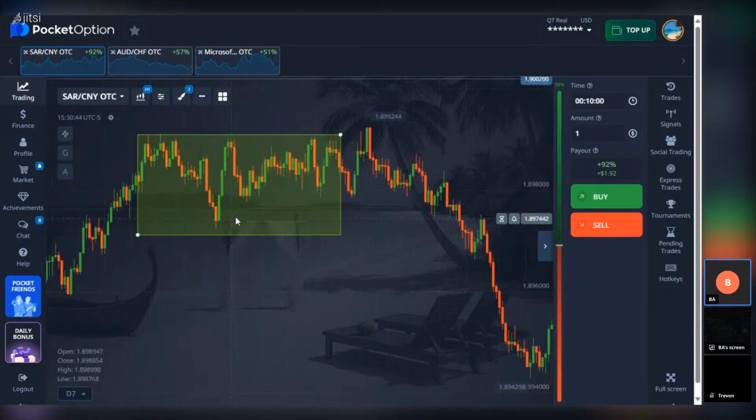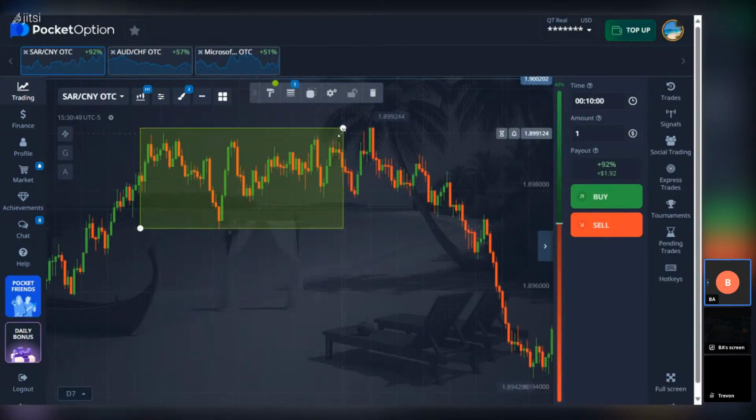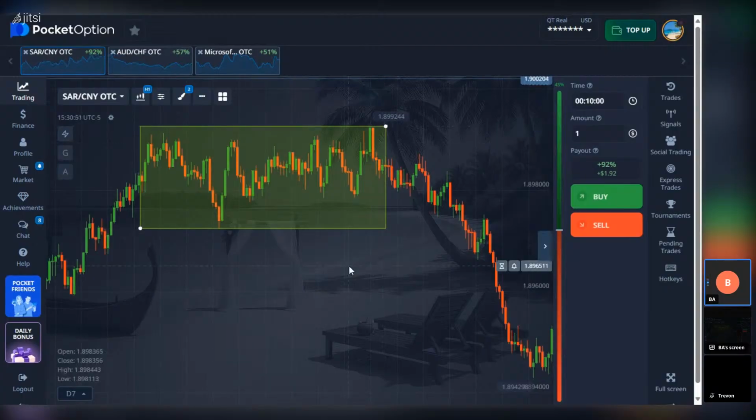So, say for example, price is at a premium, meaning it's overbought. You see this crazy build up. This is the 1 hour time frame. You see this crazy build up, like it's accumulating orders. You know, big money or smart money.